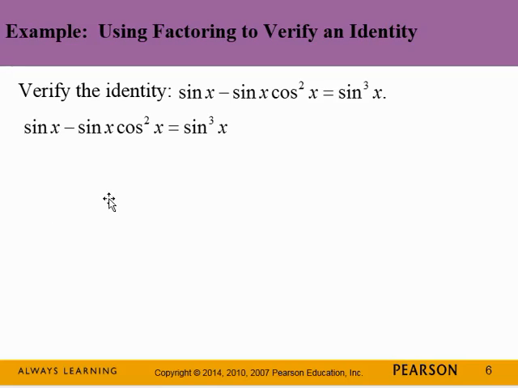So looking at the next example, you have sine x minus sine x times cosine squared x equals sine cubed x. So we're going to keep our sine x the same.